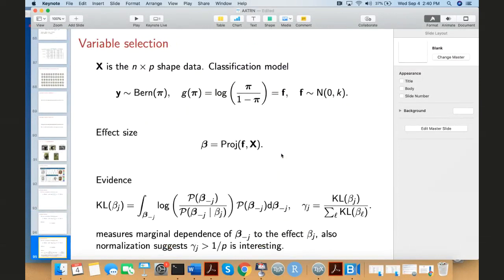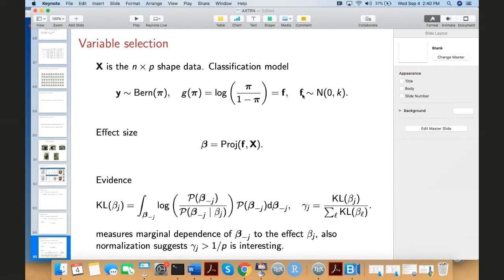For statisticians, a very classic way of thinking about this problem is what's called a Bayesian hierarchical model. Just like before, my regression functions f are a Gaussian process.